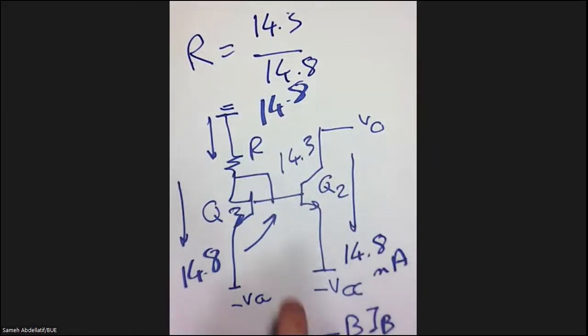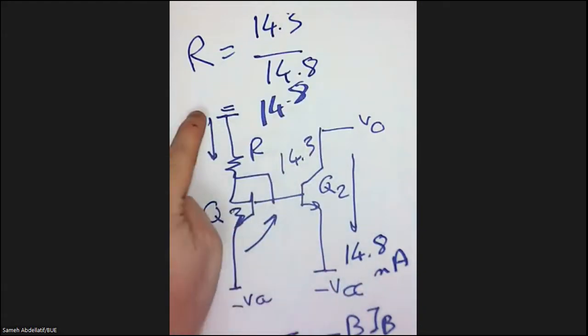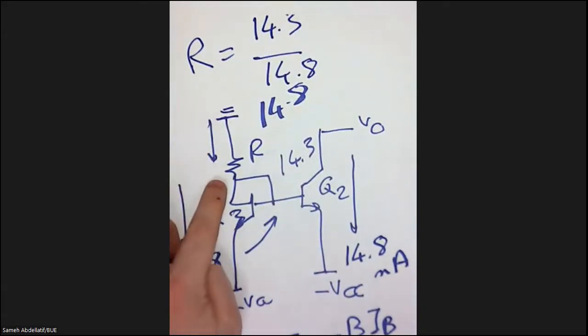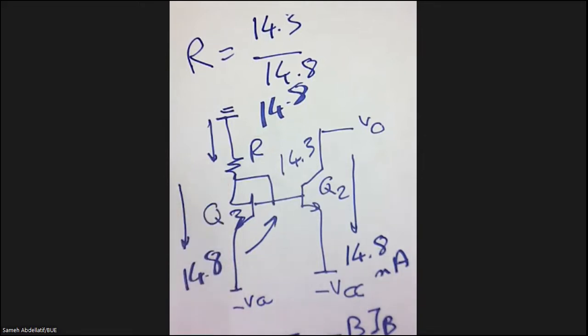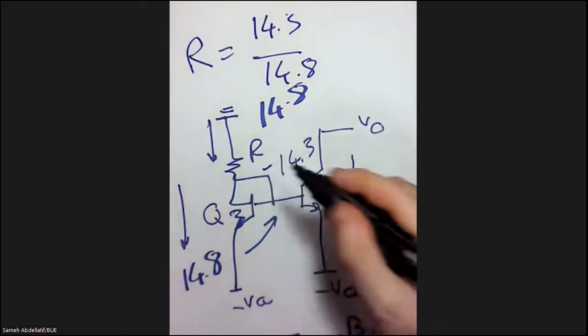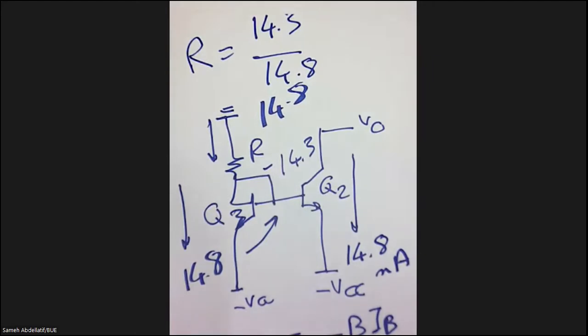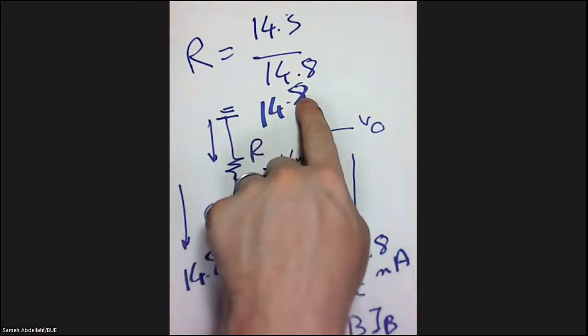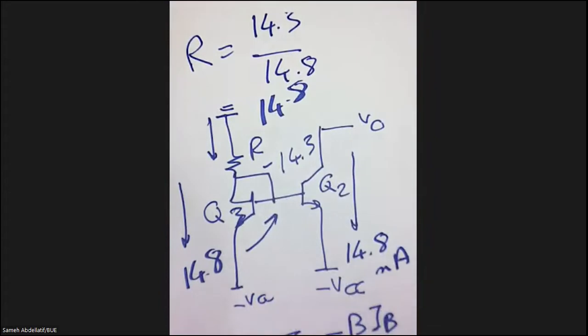Of course, this 14.3 is impossible because simply it's 0 minus 14.3. So the result is positive 14.3 because the voltage is negative 14.3. I'm sorry for this. And 14.8 is a current. So by dividing this, you can get the resistance.